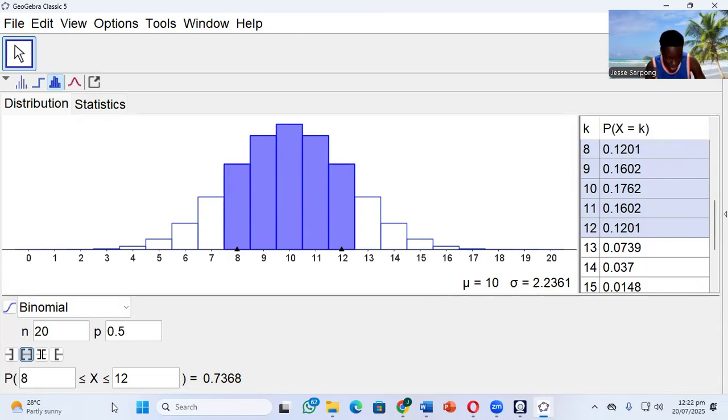Then the probability: x is ranging from 8 to 12, and with that, the probability of us getting is 0.7. You see, here is the mean.